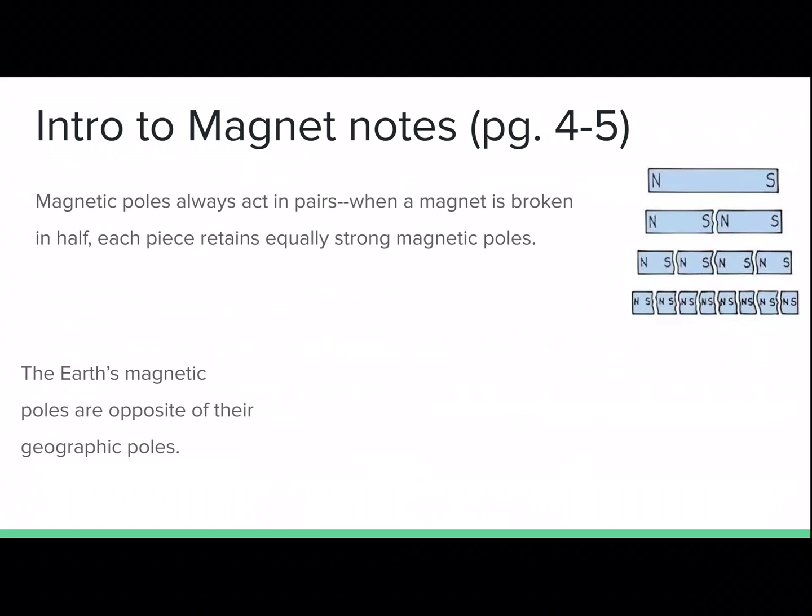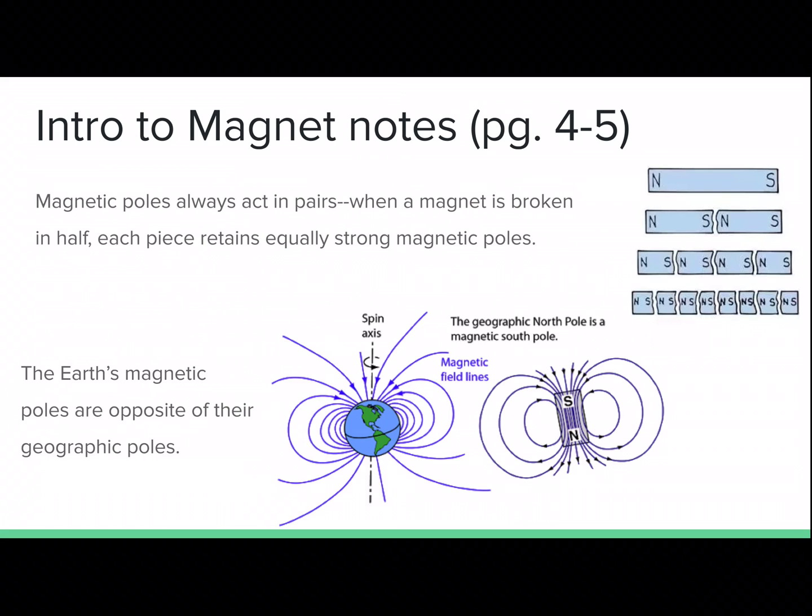So the Earth actually has a pole. So we have a north pole and a south pole, but our geographic pole is opposite of what our magnetic poles are. So if you look at these 2 diagrams, we would call the upper part of the Earth diagram the north, but that's actually our south pole.